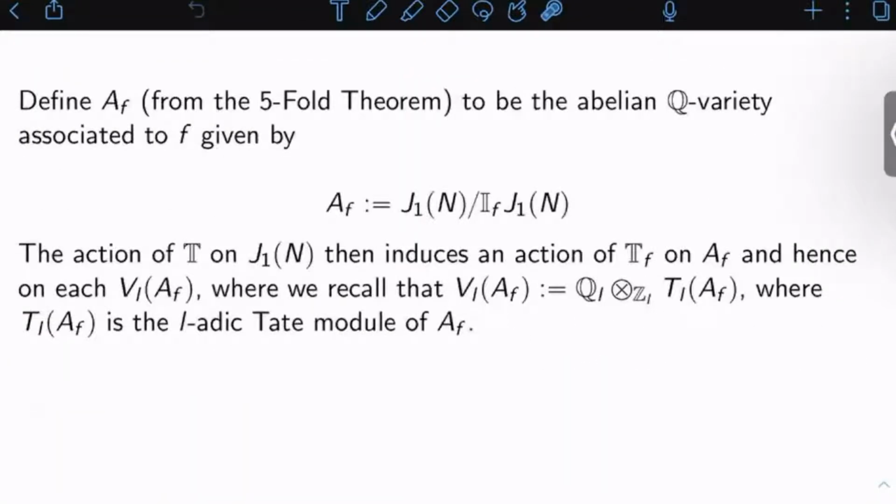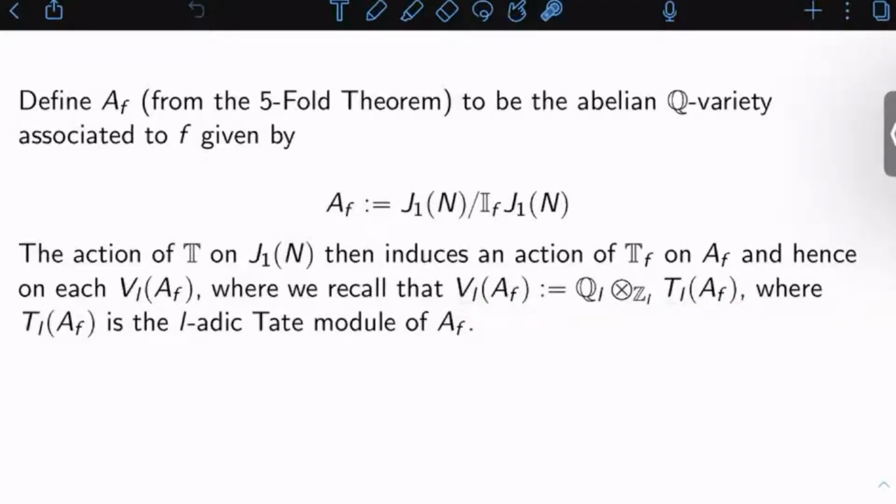Okay, so once I have an action of T_f on A_f, I have an action on each V_l of A_f. Why? Well, first remember what T_l of A_f is. That's the l-adic Tate module attached to A_f. And V_l of A_f is just T_l of A_f tensored up to Q_l.